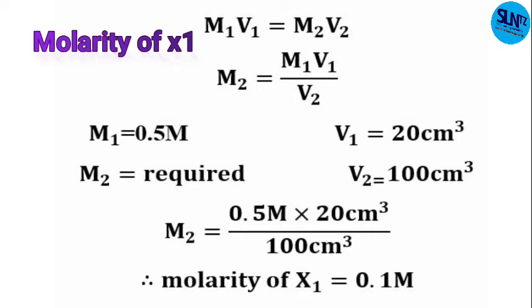M1 we have been provided is 0.5, V1 is 20, M2 is required, and V2, we have diluted up to 100 mL. So the molarity of diluted is 0.5 times 20 divided by 100 cm cubed, that is mL, the volume of diluted. So the molarity of X1 is 0.1 mole per decimeter cube. That is the molarity of X1.